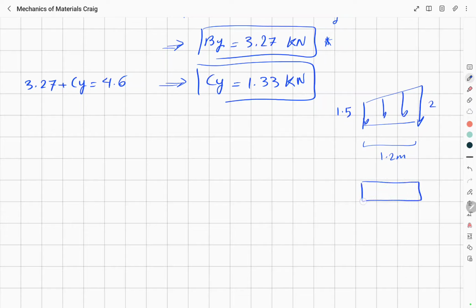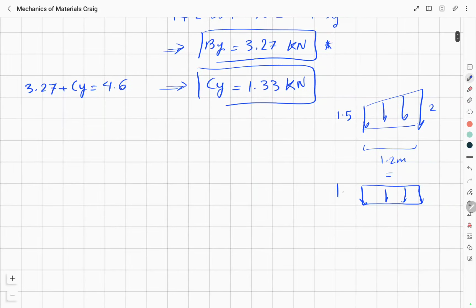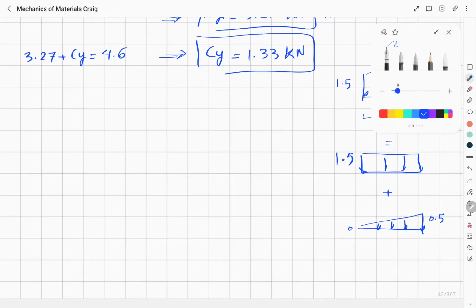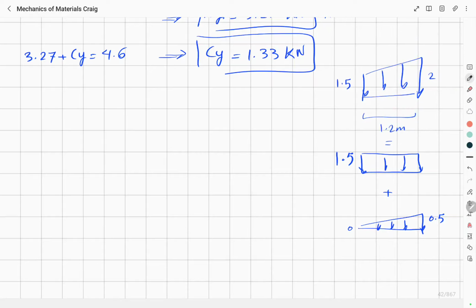So this is equal to 1.5 plus this is 0, this is 0.5, and then we can convert these loads to 2 point loads.